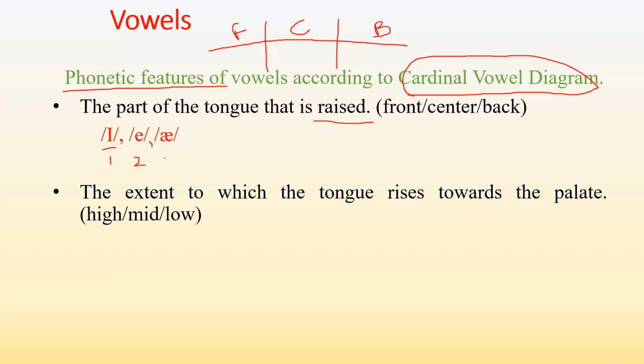First, second, and third. Okay. Then the first one, the sound is E. I feel that is central. Second one, A. That means the second one is front. And A.